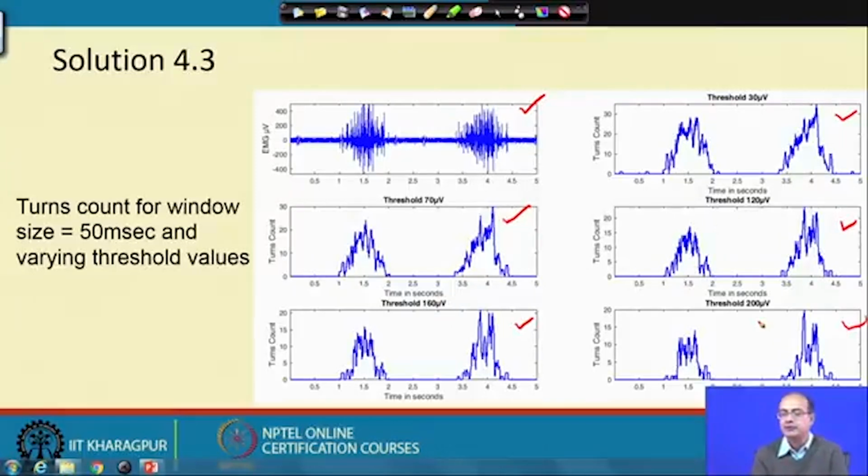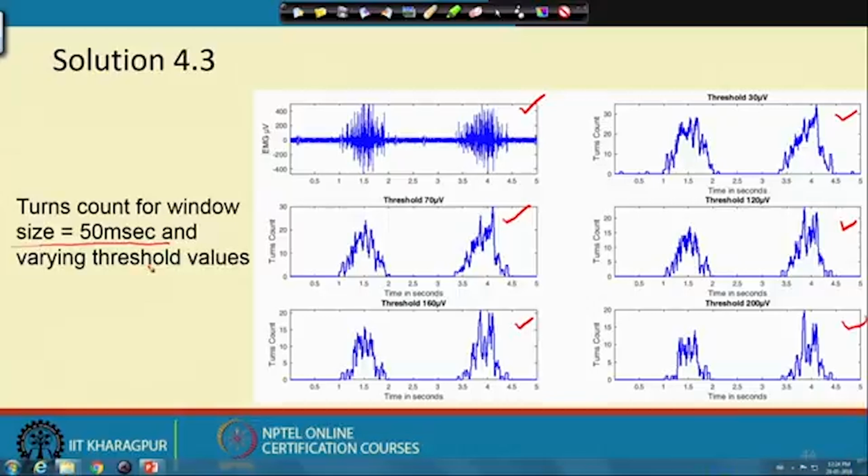What is happening when we are changing the threshold where we are calculating the turns count? First of all, another part we have kept the same, that we have taken a time window of 50 millisecond. That is kept fixed. With that, when we are changing the threshold, we are having a reduction in the amplitude.